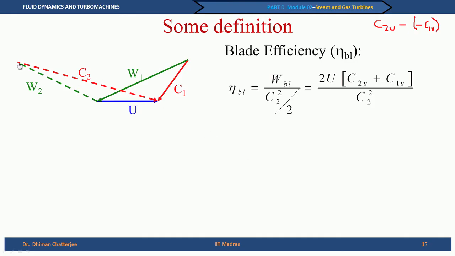Again, to remind you, we are talking about this distance, that from the tip of u we are going to the left side to get C 2 u, and going to the right side to get C 1 u, and hence the total distance is C 2 u plus C 1 u. This has to be borne in mind, and we should not use just C 2 u minus C 1 u without having the velocity triangle.